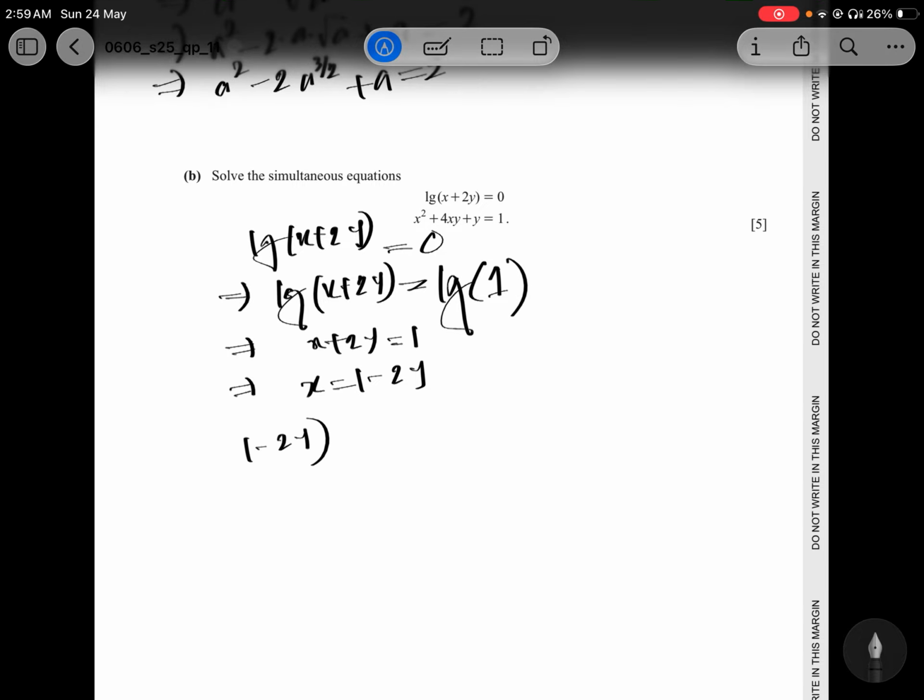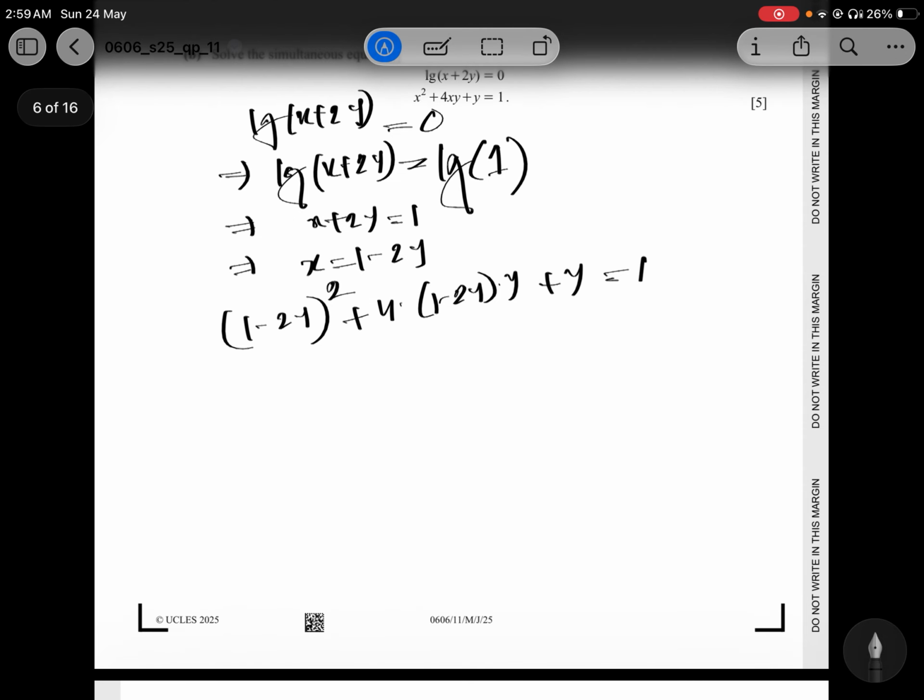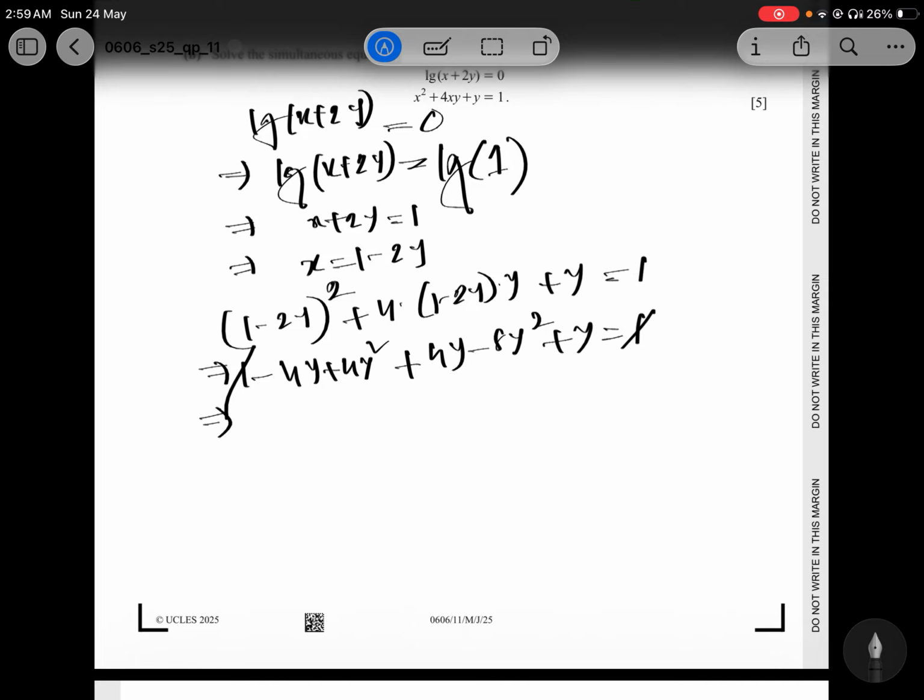Now 1 minus 2y whole square plus 4 into 1 minus 2y into y plus y is equal to 1. 1 minus 4y plus 4y square. So 4 1 is 4y. 4 2 is 8 minus 8y square plus y is equal to 1. Okay, 1 gone, minus 4y square.